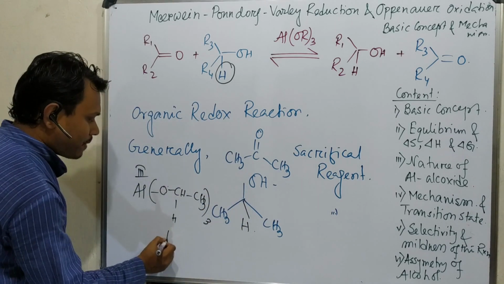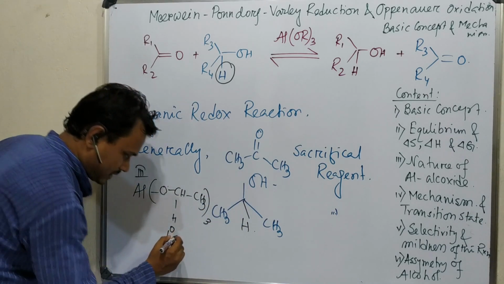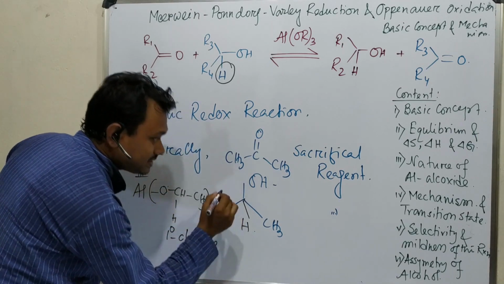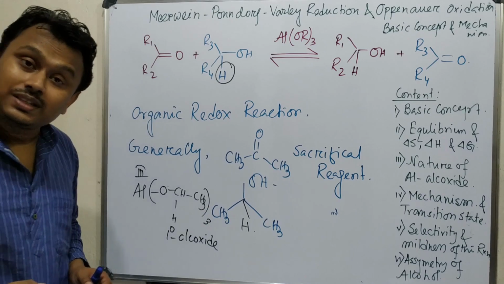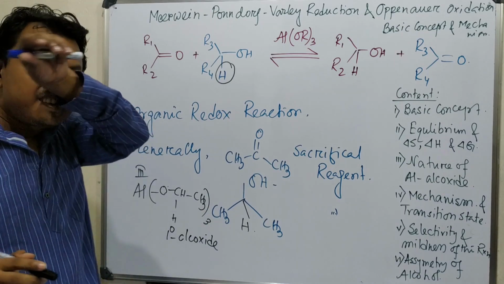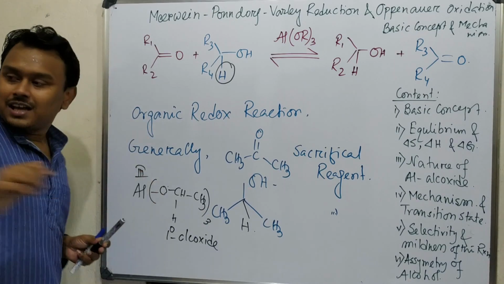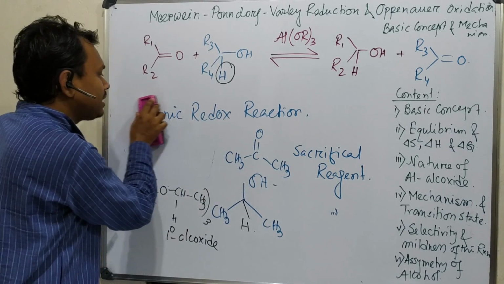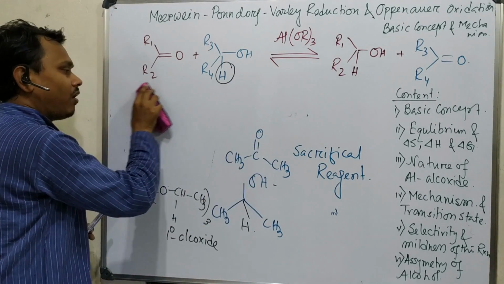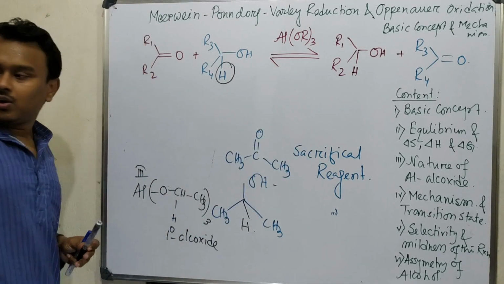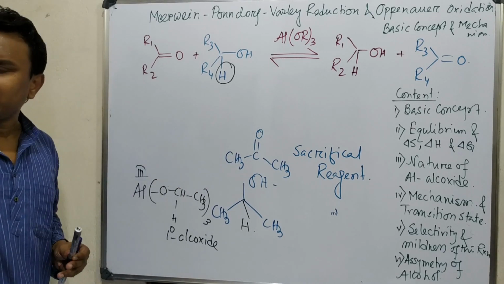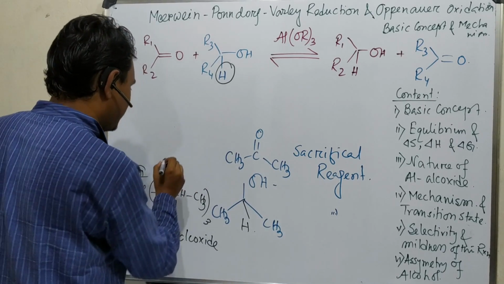Because you can see the ethoxide is a primary alkoxide, and this one is a secondary alkoxide. Why are we choosing this? Because there is a reason. For example, if the primary alcohol is oxidized, we get the corresponding primary carbonyl. I will explain this in the mechanism part and you will understand completely. Right now just keep this information in your mind.